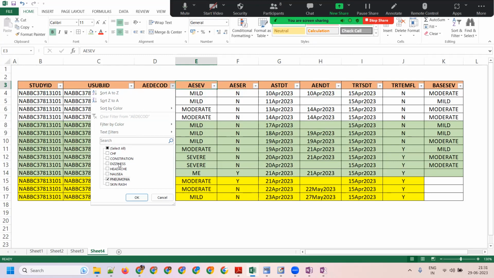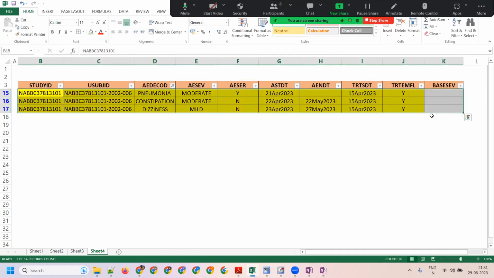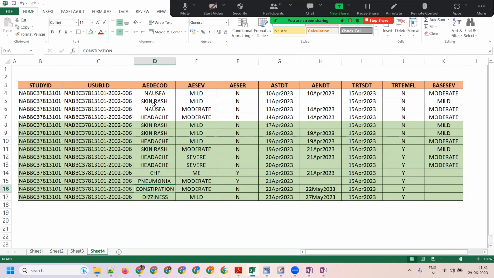Pneumonia, dizziness, constipation. All these are present only in the treatment period. Are these present in my previous period? No, in pre-treatment, all these are not there. All these are emergent only in the treatment period. All of them are yes. Up to this is correct. Yes or no?